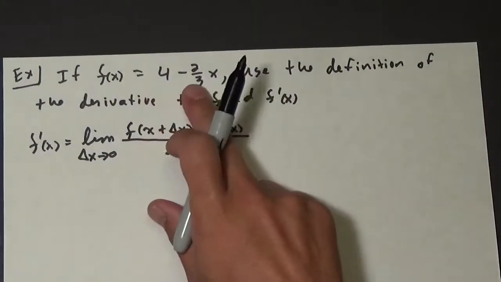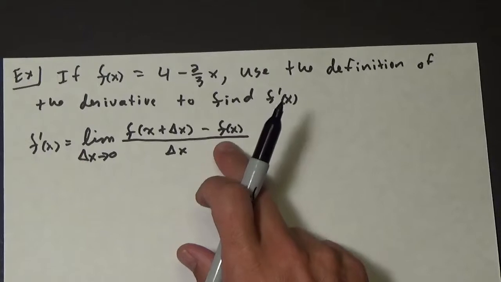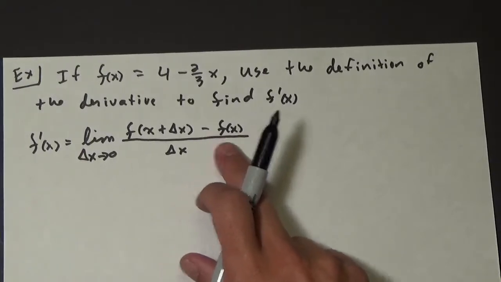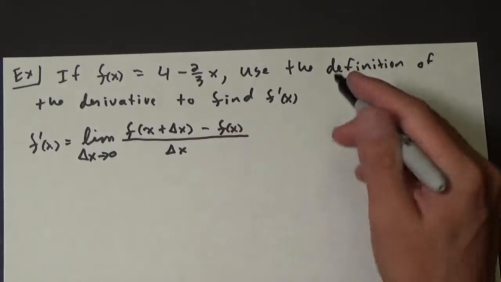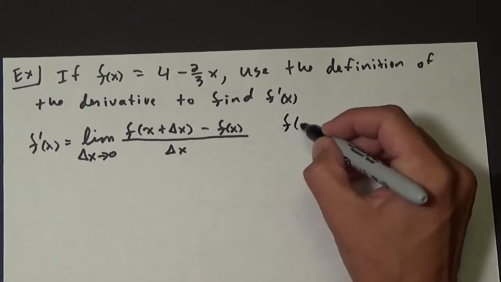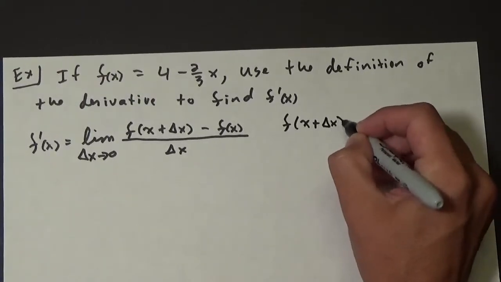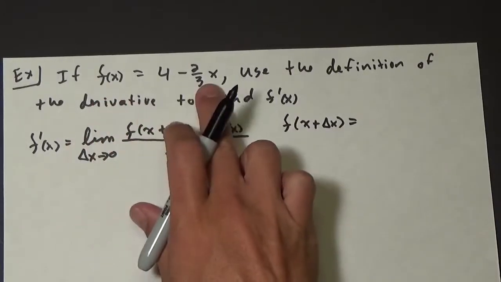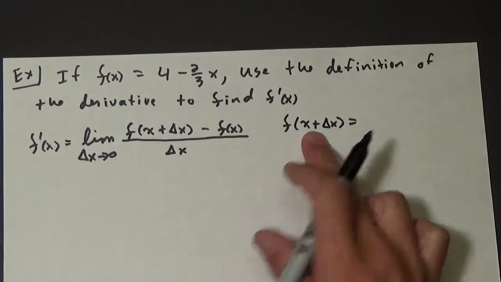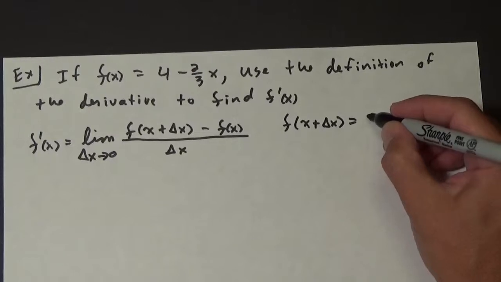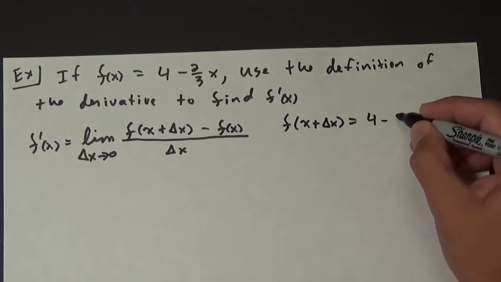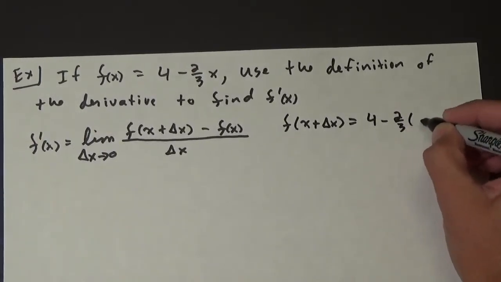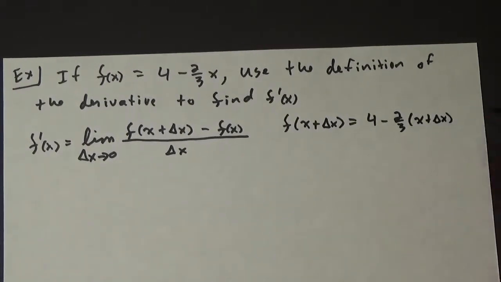We're just going to put in this 4 minus 2/3 x into this limit. But when we look at f of x plus delta x, what we need to do is take our function, and anywhere there's an x, put in an x plus delta x. So this is going to end up being 4 minus 2/3 times x plus delta x.